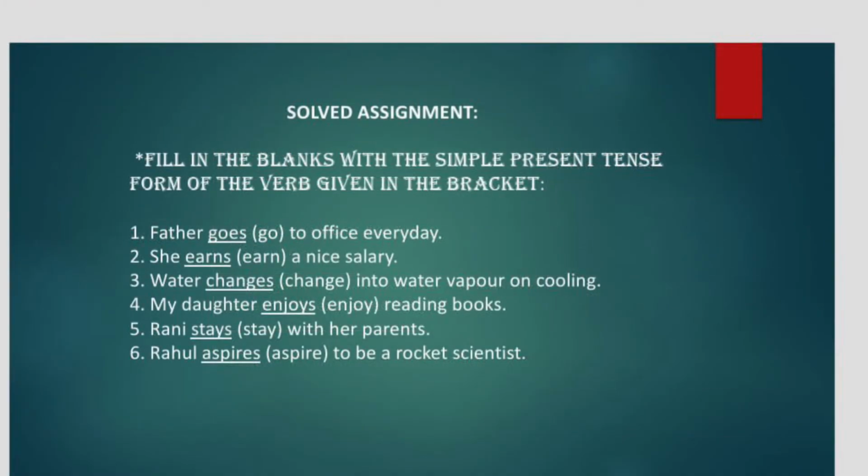So now what you will get to see is the solved assignment, where I had asked you all to fill the blanks with simple present tense. Here I want you all to pause your video, check your answer and correct it if necessary.